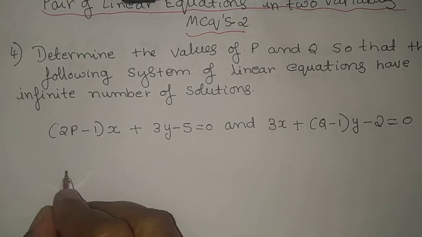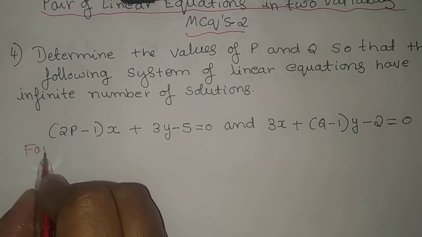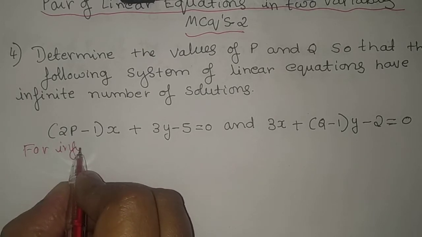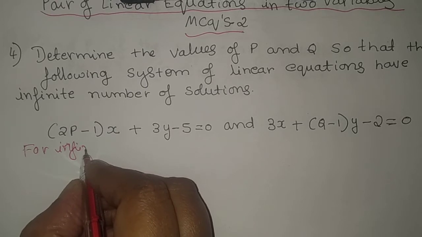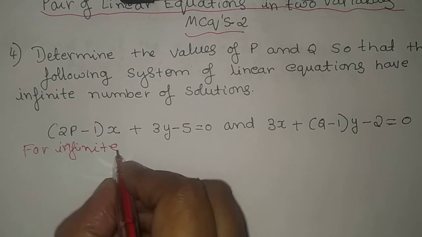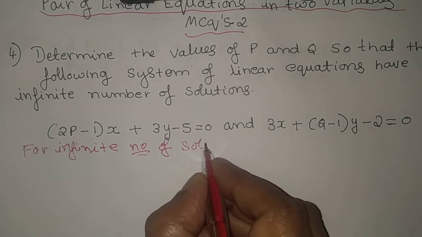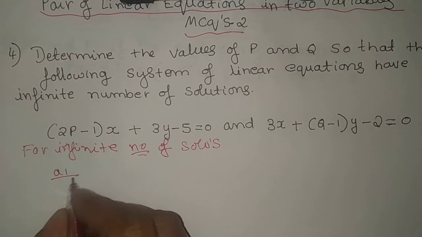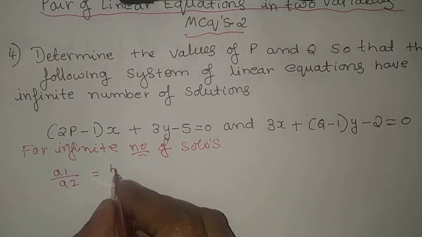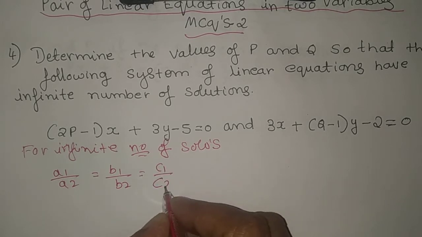So for an infinite number of solutions, we have A1 by A2 is equal to B1 by B2 is equal to C1 by C2.